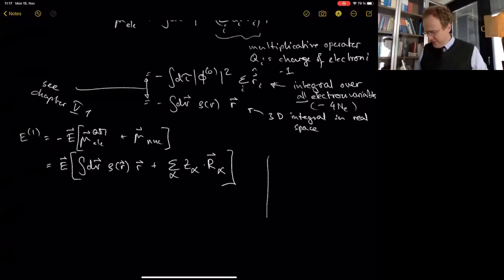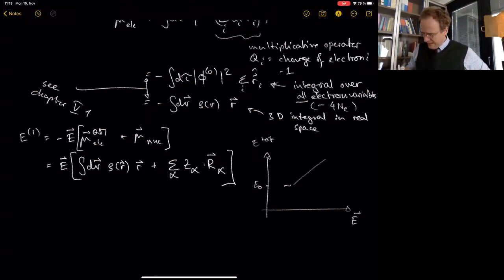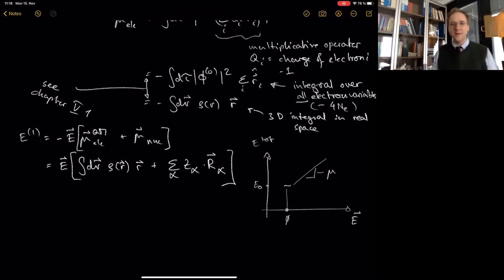So if you have your total energy and there's some E0 unperturbed, and here is your field strength, your energy will change as you increase your field from 0. And that prefactor is your dipole moment, your first order change, right? Now there might be higher order changes to your energy, and that is related to the polarizability, which can be identified as the second order derivative. But you have seen now the derivation of this expression from first principles.